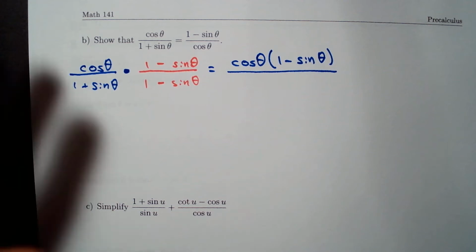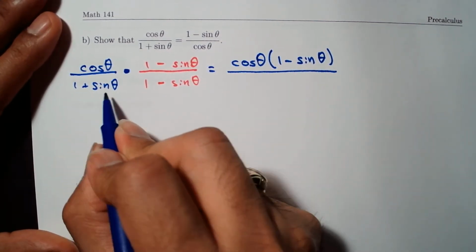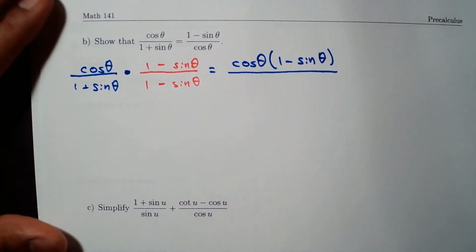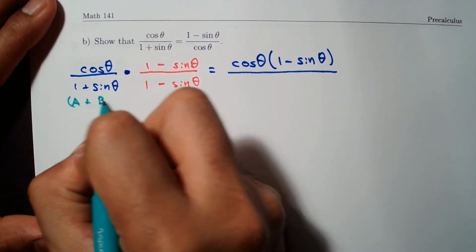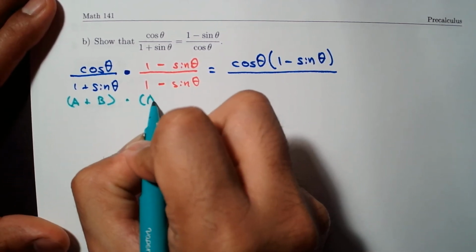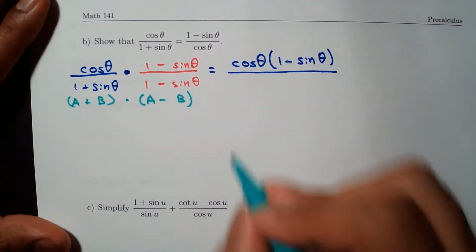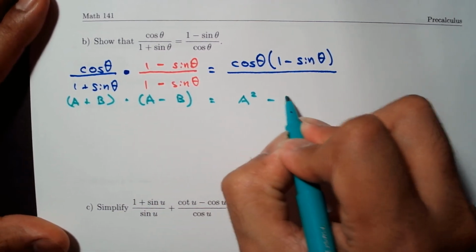All right, and 1 plus sine theta times 1 minus sine theta. If we pay special attention to this form, we basically have some form a plus b times a minus b, which is in essence the factored form of a difference of squares.